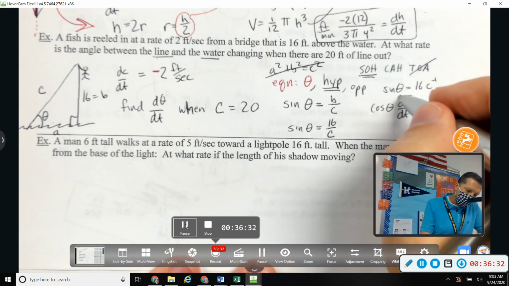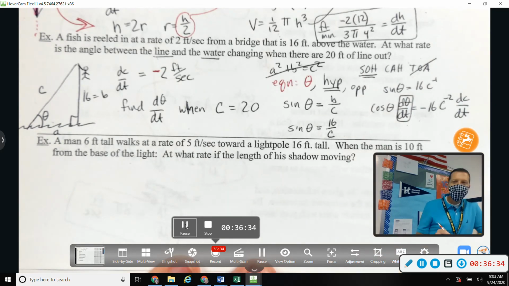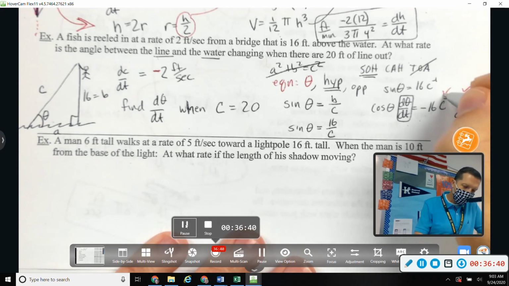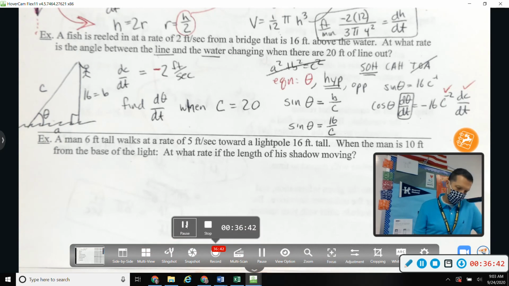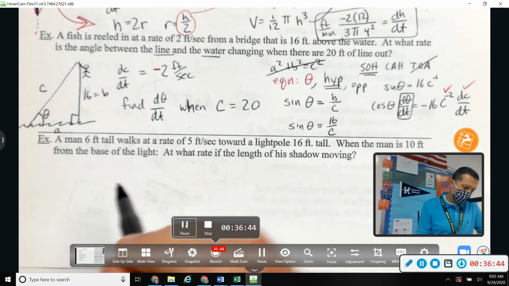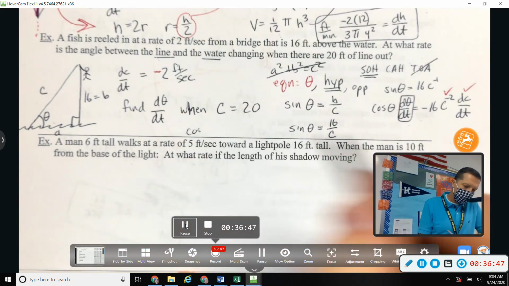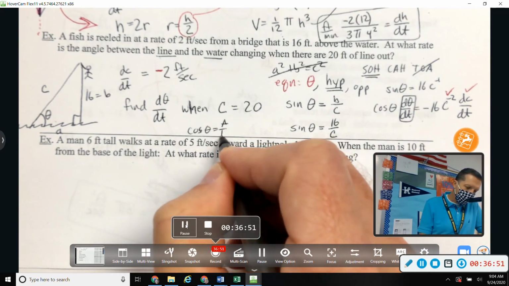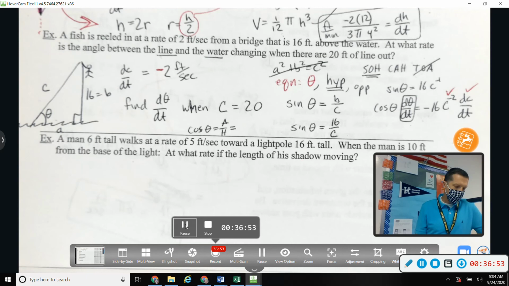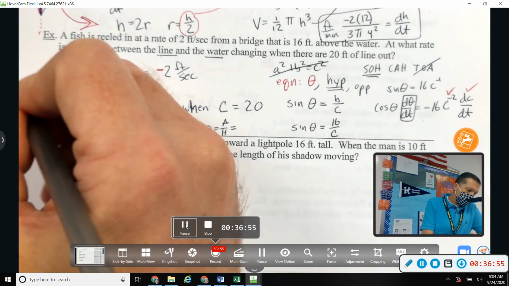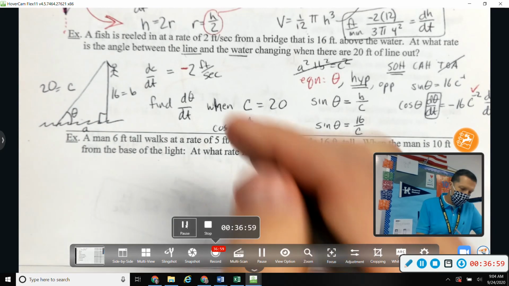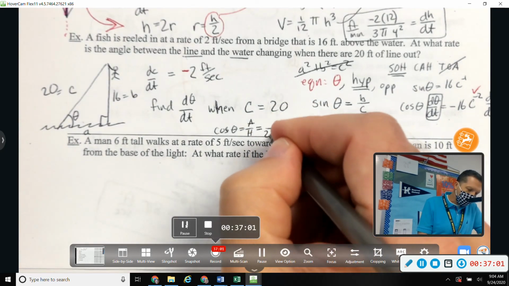So let's see what we've got. We're looking for d theta dt, which means we better know all the others. C we know, dc dt we know, cosine. I don't know the cosine, but I do know that the cosine is equal to adjacent over hypotenuse. So hypotenuse is 20.